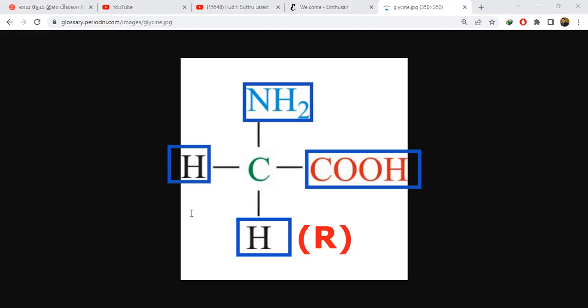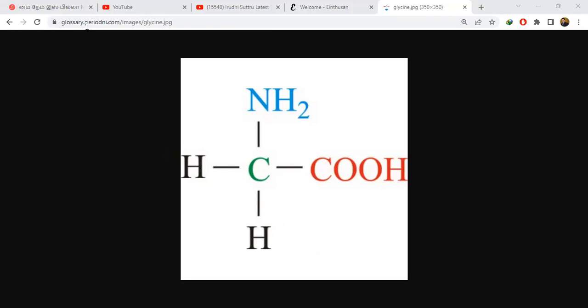Symmetric carbon. All the other amino acids have asymmetric carbon. So the only amino acid having a symmetric carbon is glycine. Nice. Asma, is it clear? Yes, okay. Good.